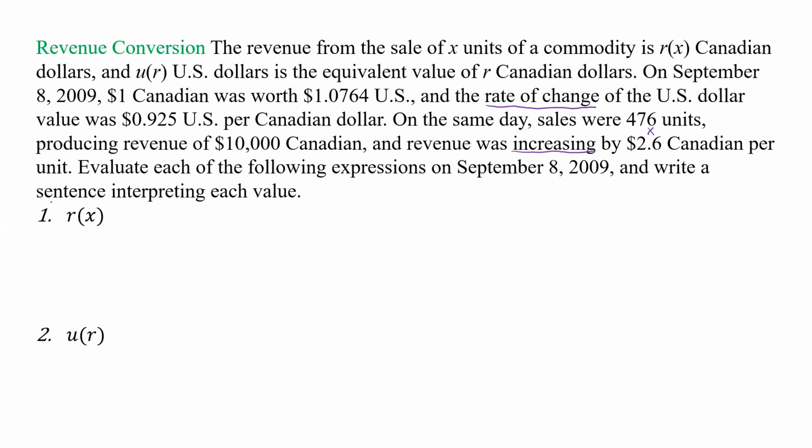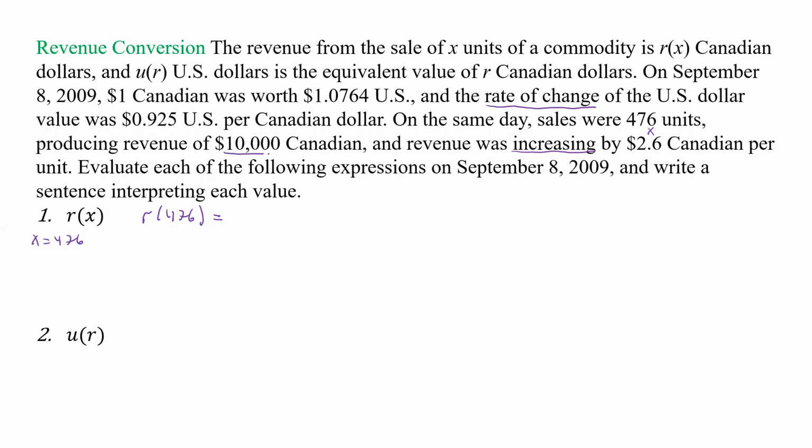All right, so R(x). Well, we said that on that day, x was 476. So we'll say x is equal to 476, and then R(476) is equal to, where did it go up here?